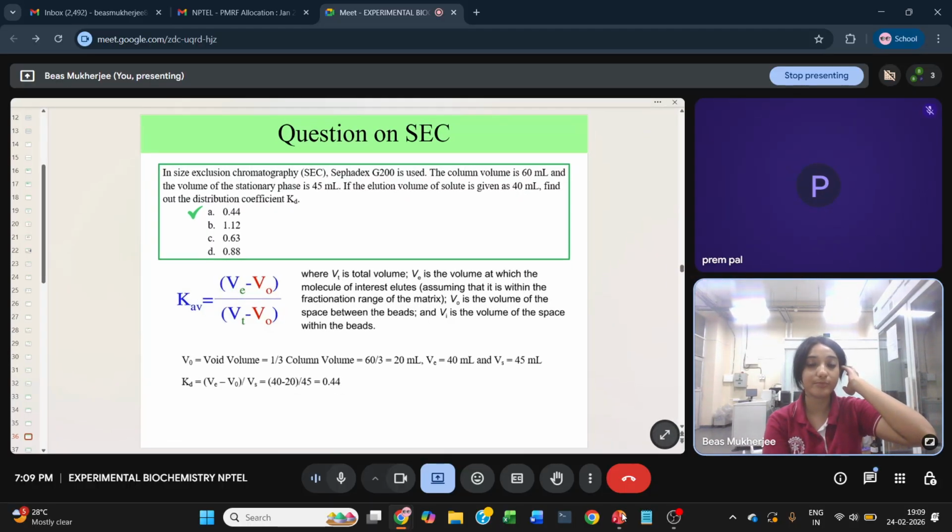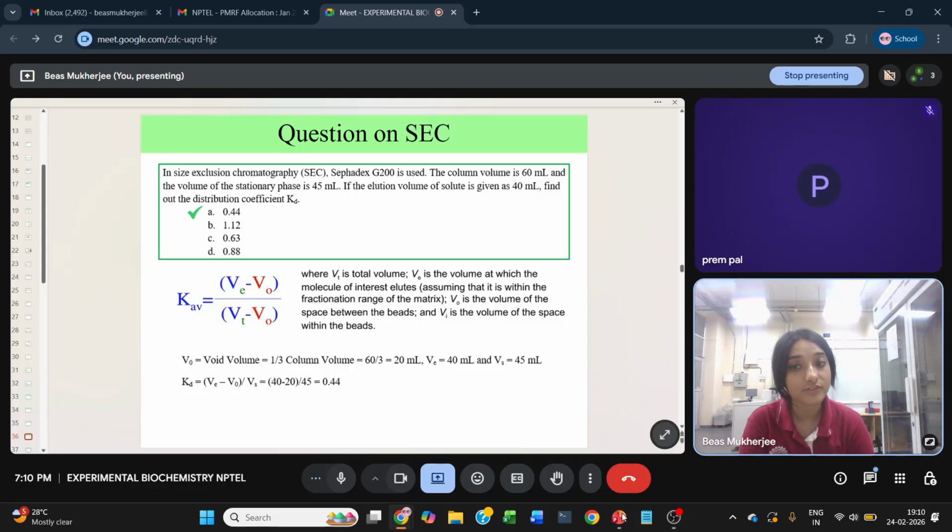Why is that 0.44? Because we know the formula: Kd, the partition coefficient, is equal to VE minus V naught divided by VT minus V naught, right? V naught is the void volume, which is one third of the column volume. Always remember, V naught is often one third of the column volume, which is 20 ml.